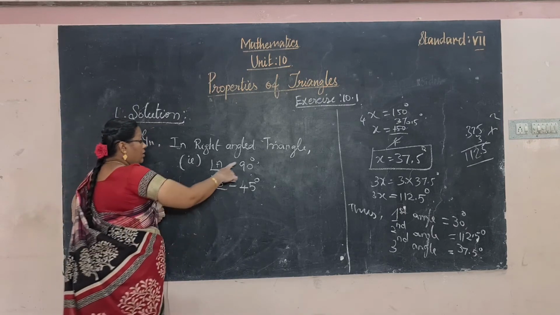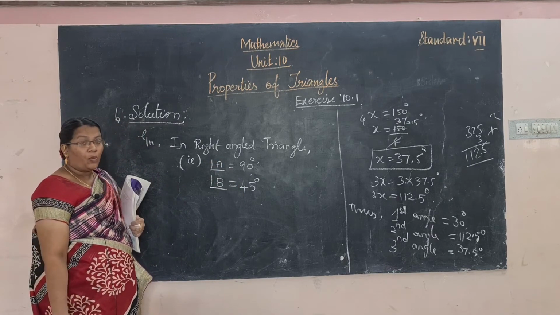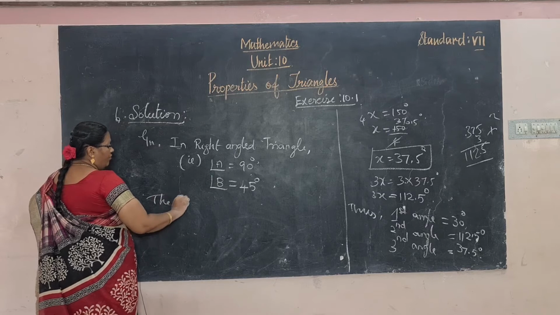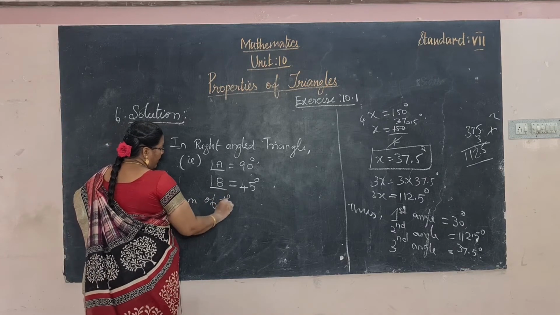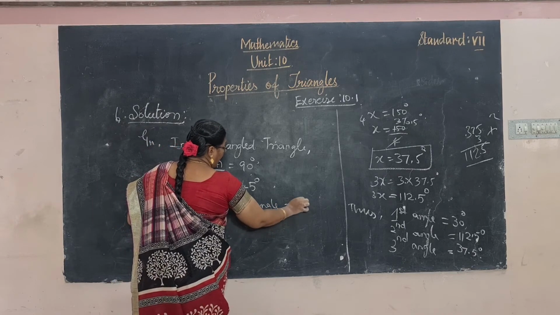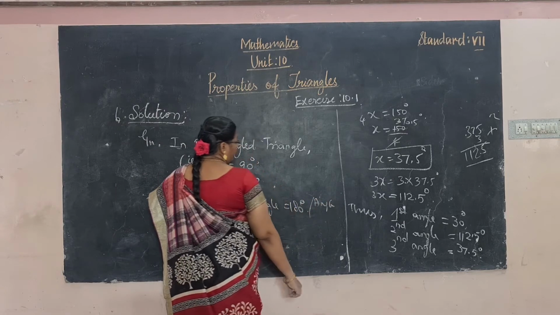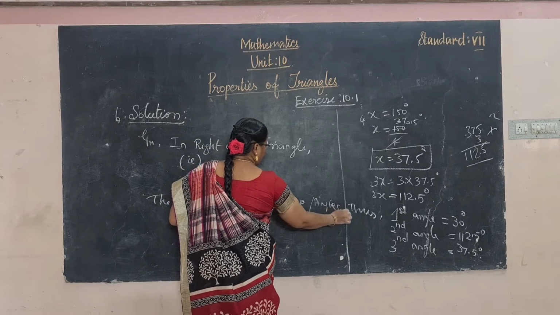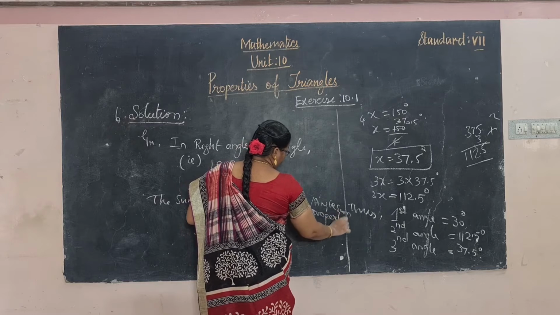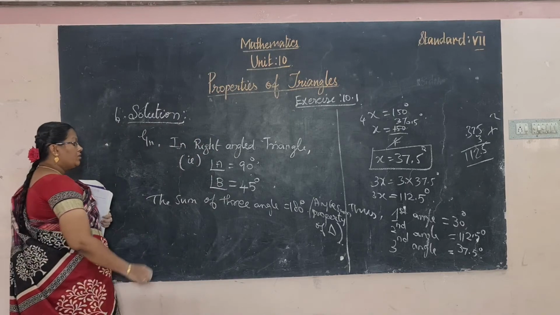We know these two angles. We can find the remaining angle by using the angle sum property. Okay, now we have to find the third angle.